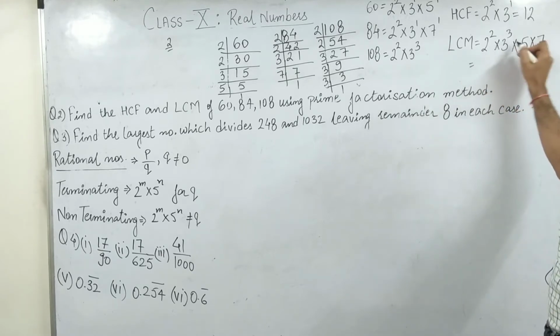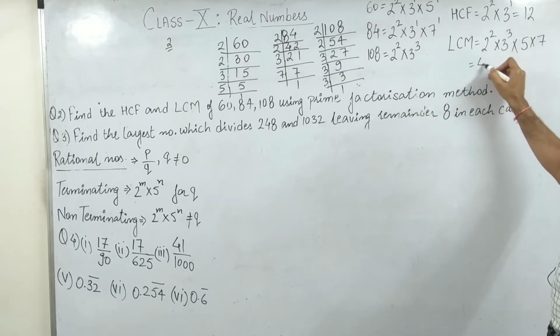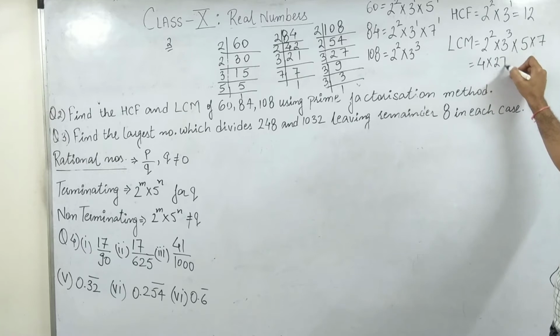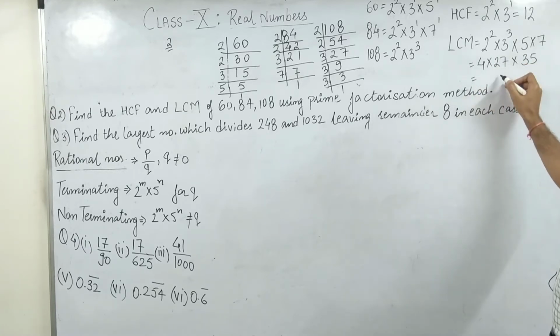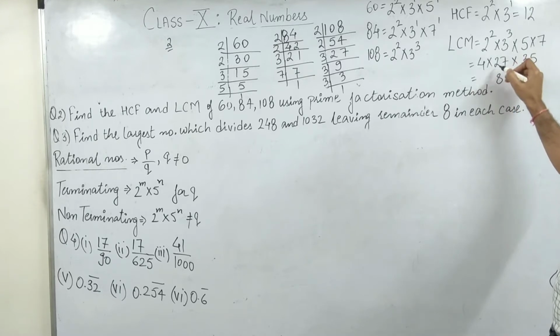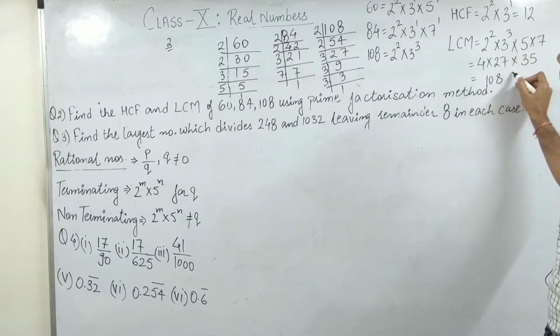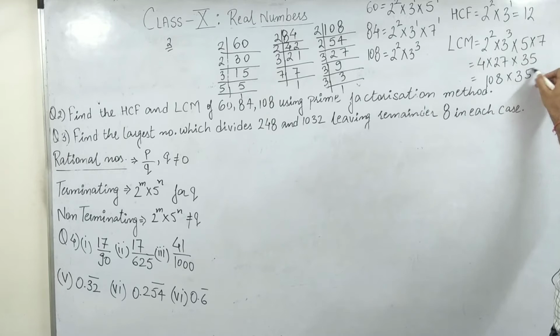So it should be 4 into 27 into 7 into 5, which is 35. 4 sevens are 28, 8 carry 2. So 108 multiplied by 35.